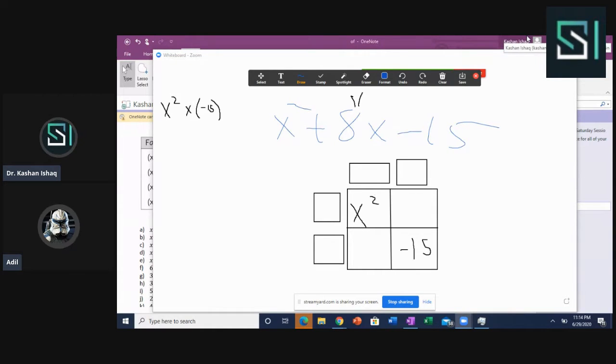Yeah, so basically 1x squared times negative 15. That would give you what? Negative 15x squared. Now you come up with the factors of that which would give you the middle term, right? Either you sum it up or difference it to get the 8x. So I have to look for factors of this. Factors of the product of A and C, which is negative 15x squared.